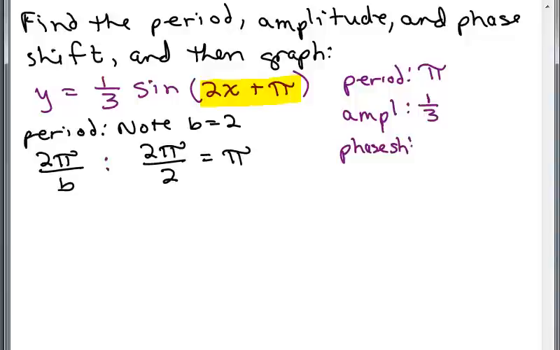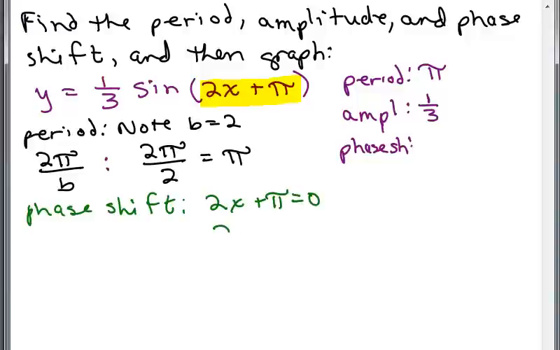So basically, you take that and set it equal to 0. So for the phase shift, remember you're going to say 2x plus pi is equal to 0, and then solve for x.